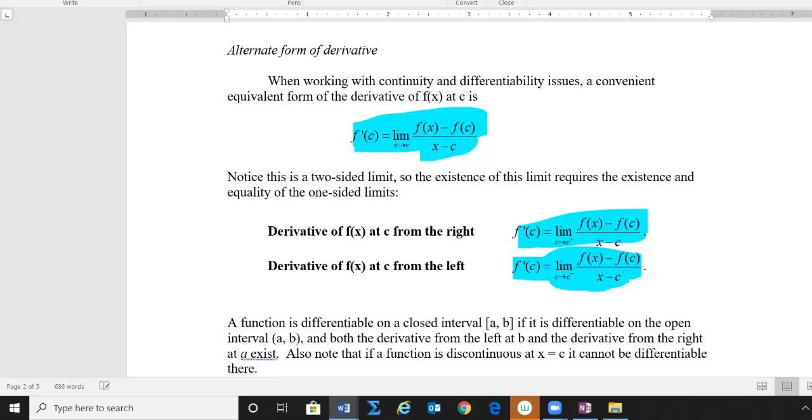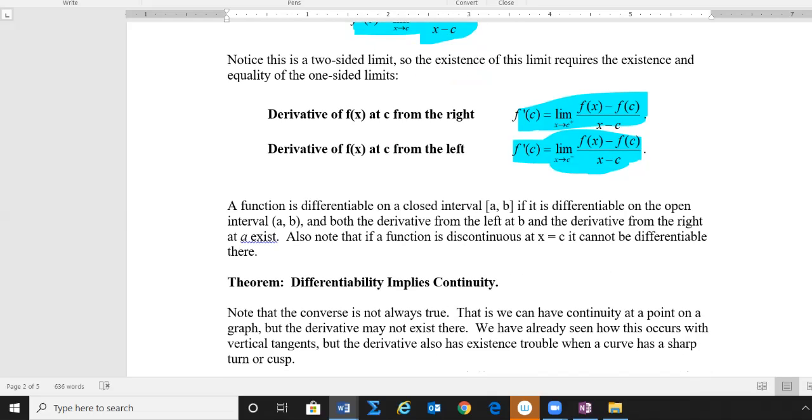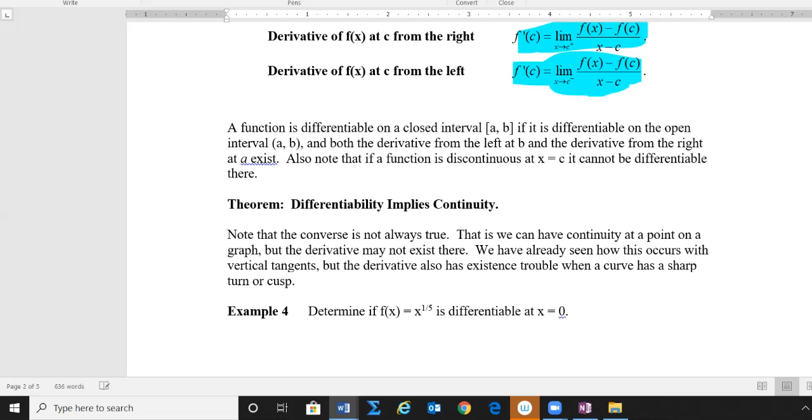Okay. Now we have also a few more ideas down in here I want to mention. A function is differentiable on the closed interval if it's differentiable on the open interval, and the derivative from the left at b and the derivative from the right at a also exist.